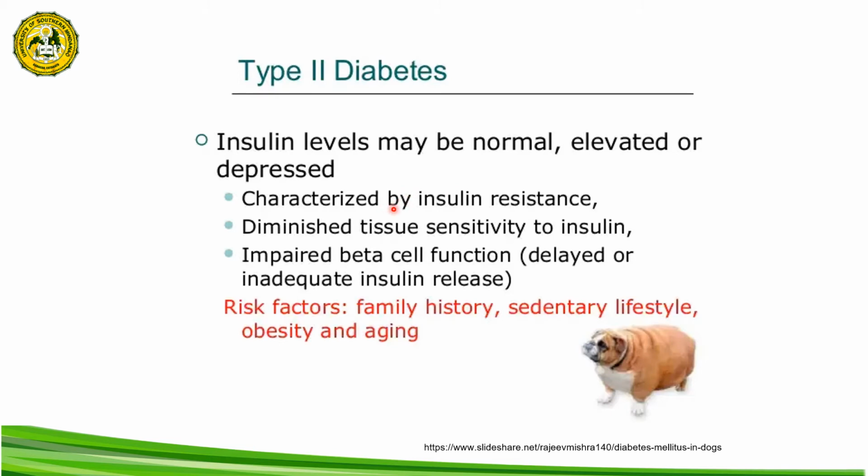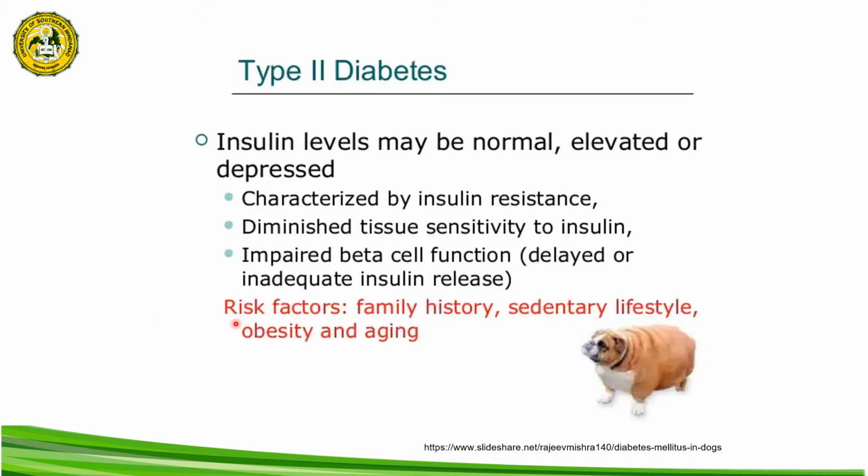There is insulin, but the problem is that the cells do not respond to its presence, so the insulin level may be normal or elevated. There is also diminished tissue sensitivity to insulin, that is the insulin resistance. It can also result from impaired beta cell function. When there is impaired beta cell function, the insulin level is depressed.